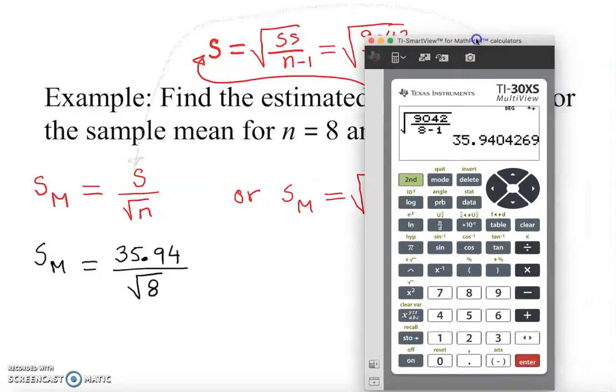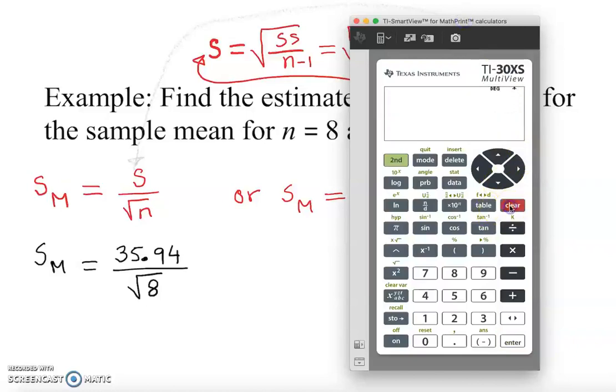Again, any calculator is going to work. 35.94 divided by second x squared, which gives you the square root of 8. Enter.